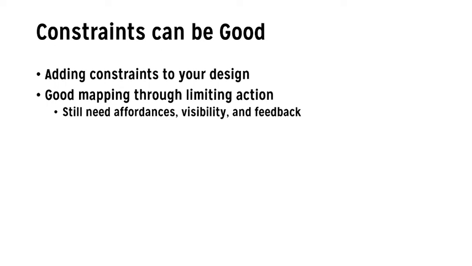You have that full system image that we've talked about before. So it's highly visible, and you give feedback based on what the user did, even though they only have one or two options of things to do. Even though their options are very limited, you still have to give them feedback on what they did to let them know that what they did was a success.